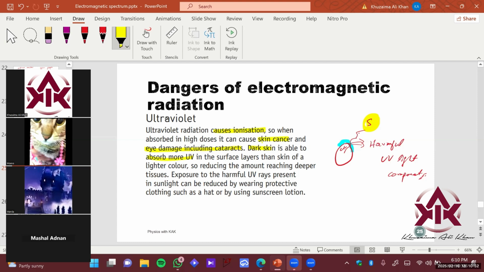And dark skin is able to absorb more because black color absorbs all the colors, right? I'm not being racist over here, so don't make this a joke. I'm just saying, if you talk about the colors which we have learned, white color reflects all the color.